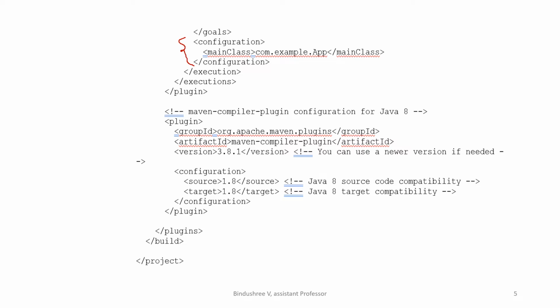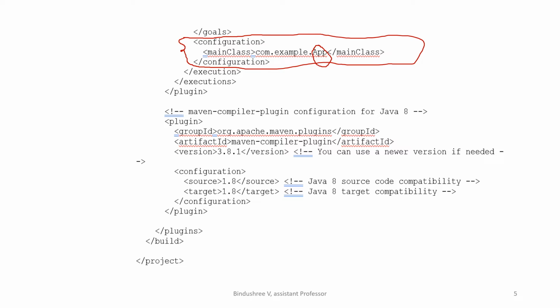Configuration tags basically contain your project, your file name, where your Java code resides. In this case, app.java is my file name. There I'm going to write my Java code.